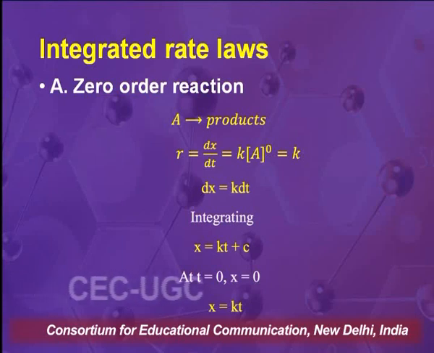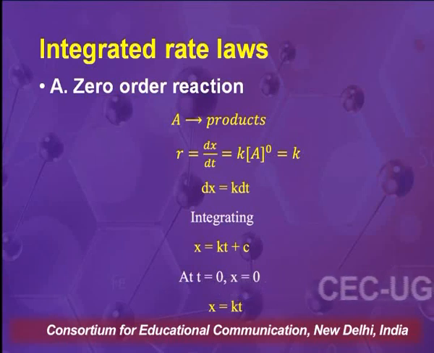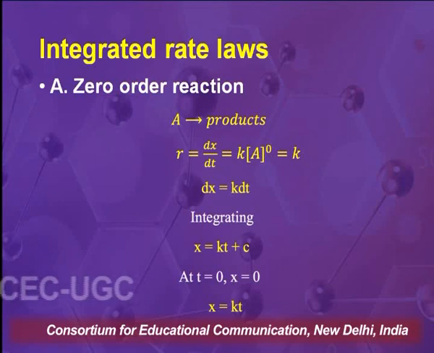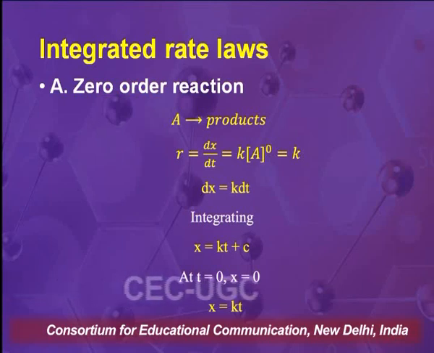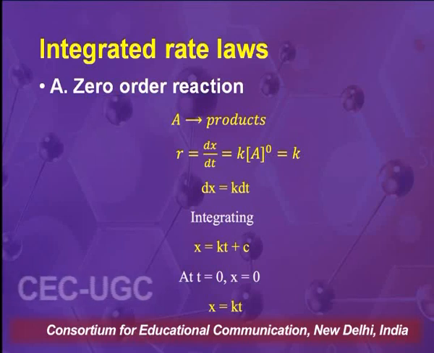On integrating we get x is equal to kt plus c. At t is equal to 0, x is equal to 0, therefore c becomes equal to 0 and we get x is equal to kt.